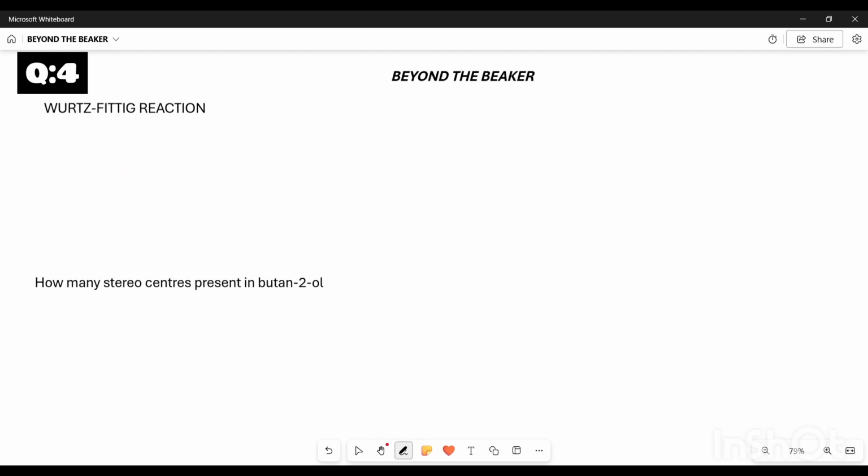Now the Wurtz-Fittig reaction. For doing Wurtz-Fittig reaction, we need one alkyl halide and one aryl halide. Here I take aryl halide, and another molecule is alkyl halide.